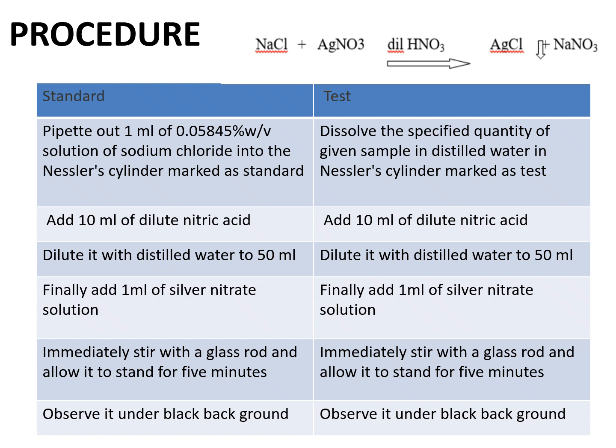After that, immediately stir it with the glass rod and leave it for 5 minutes. After 5 minutes, we can see the opalescence produced. We observe the opalescence produced in both the standard and the test against a black background.